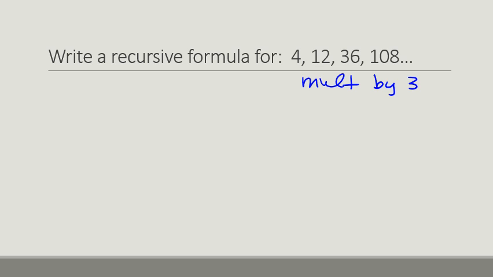So my recursive formula always starts out with a sub 1 equal to whatever that is, a 4, and then we say the next term would be equal to 3 times the last term. We designate that by saying a sub n minus 1. So basically, if the n was 5, the n minus 1 would be the fourth term. So that's my recursive formula.